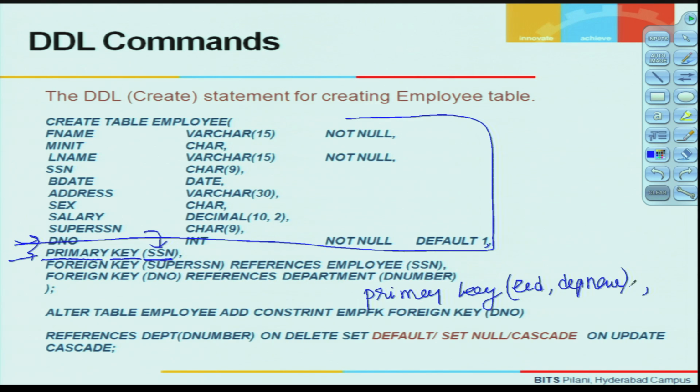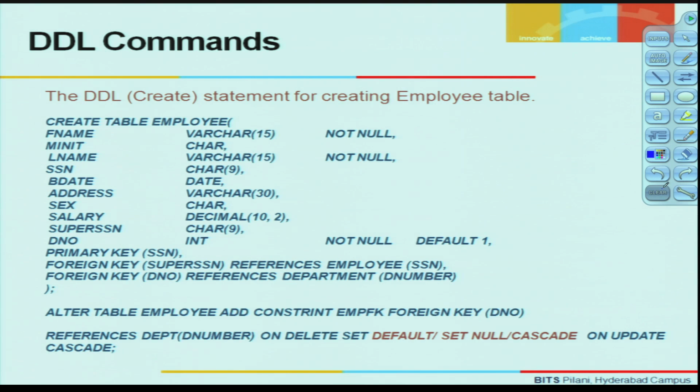The meaning of this is that the attributes employee ID and dependent name together act as the primary key for the table. Then the primary key is set for the table.